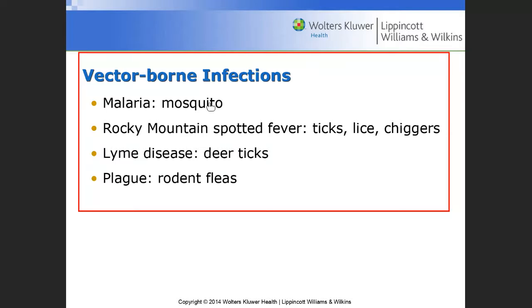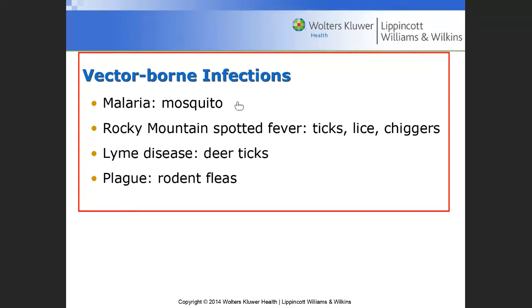Vector-borne diseases: malaria transmitted by mosquito, Rocky Mountain spotted fever by tick, lice or chiggers, Lyme disease by deer tick, plague caused by rodent. It's caused by the bacteria Yersinia pestis.